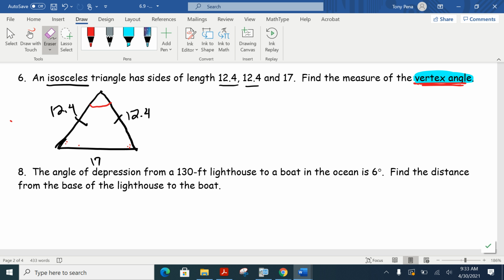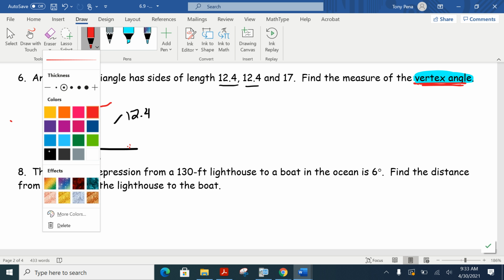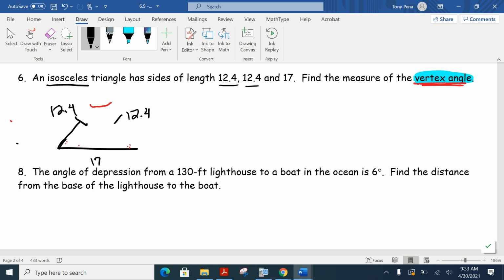Now, to be able to do any of these things, Pythagorean theorem, sines, cosines, tangent, you have to have a 90-degree triangle. This is not a 90-degree triangle. So the way we're going to create that so then we can actually use some of those tools, let's just erase that, is to drop down, if you remember, an altitude. Remember what that was? That was when we go from a vertex and then drop it down here.